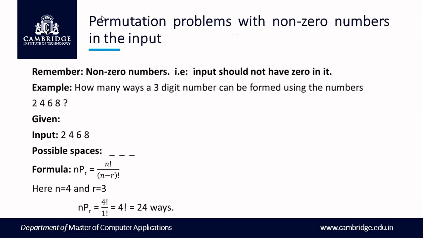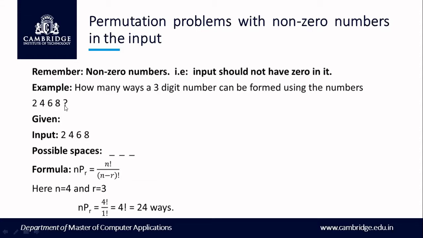First let me take permutation problems with non-zero numbers, that is, no zeros are in the input. Remember, non-zero numbers means the input should not have 0 as one of the numbers. Example: how many ways can a 3-digit number be formed using the numbers 2, 4, 6, 8?